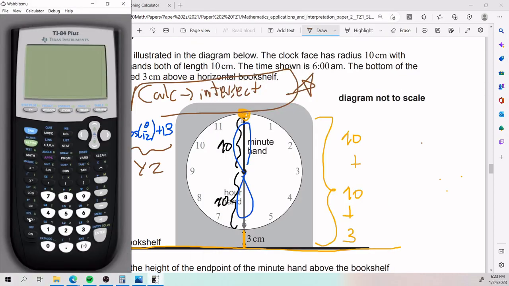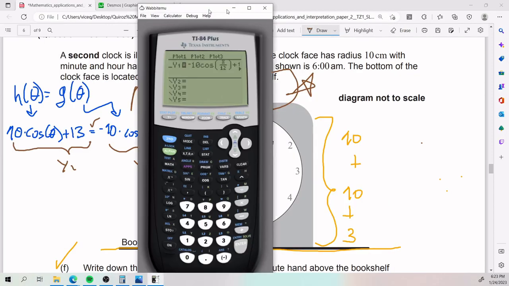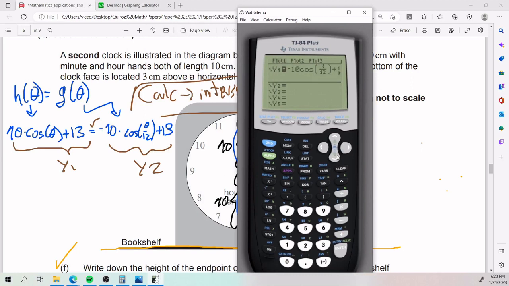So let's see it in action. Let's not make this just blah blah. Y1, as I said, is going to be this first one that I already put. So 10. I'm just going to rewrite it so that we're all on the same page. 10 times cosine theta. Theta, I'm just going to put it as a variable. All of this plus 13. Y2 is, oops, sorry, this first one is not negative. Apologies for that. The second one is negative.